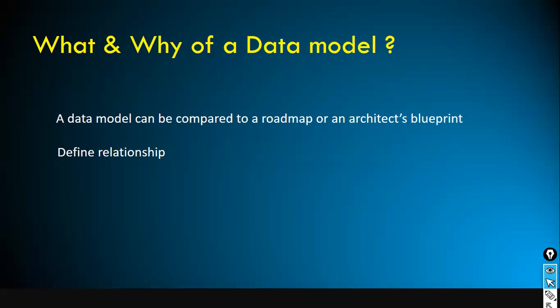Why do we need a blueprint? Before you construct a house, if you have a blueprint, you will get to know where the living room should be, where the kitchen should be, where the restroom should be. And also, where you need the taps, so that when you open the tap, you will get water. If you don't keep the tap in the right place, what will happen?